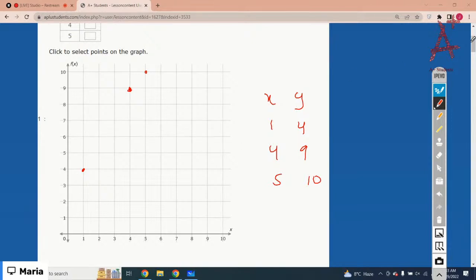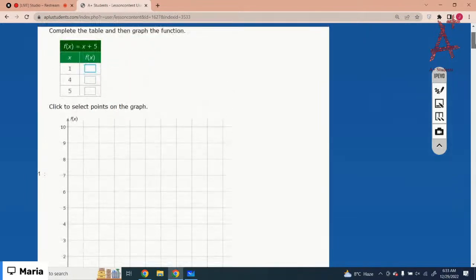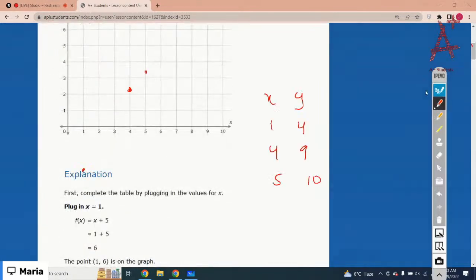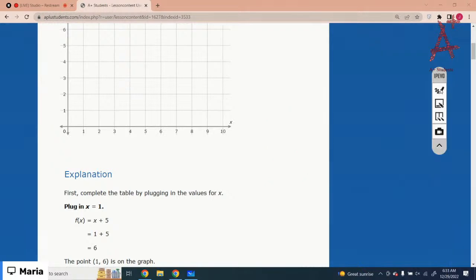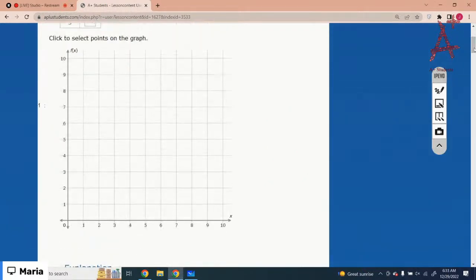X is 1, y is 4. X is 1, y is 6. It would be 6. And the point is, let me write them down again.